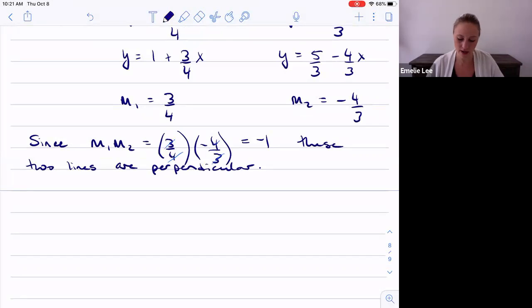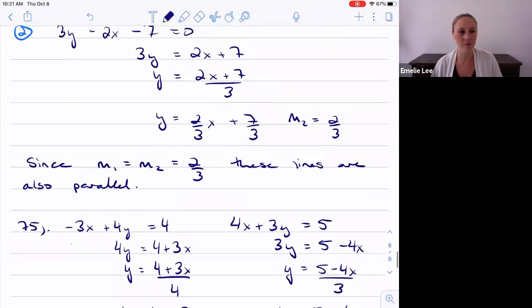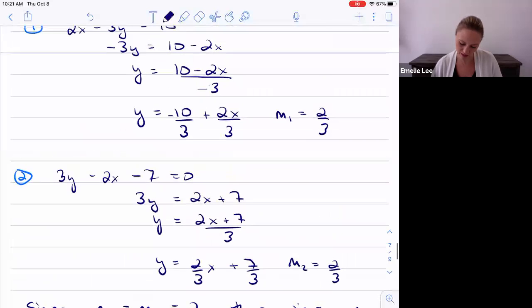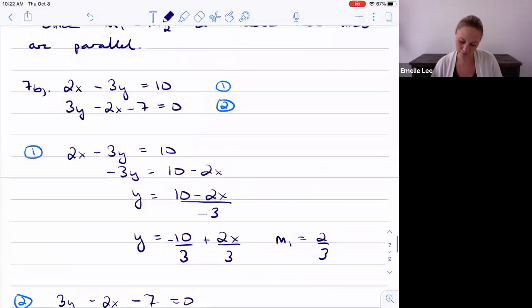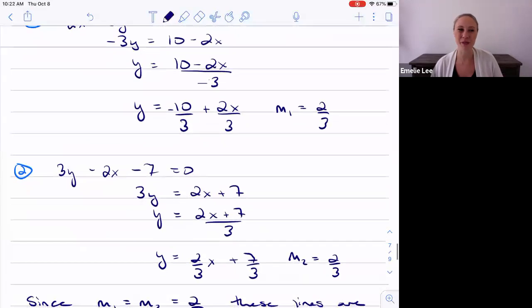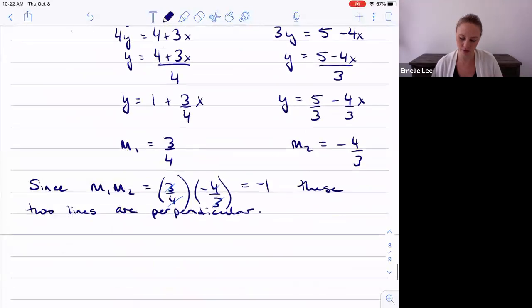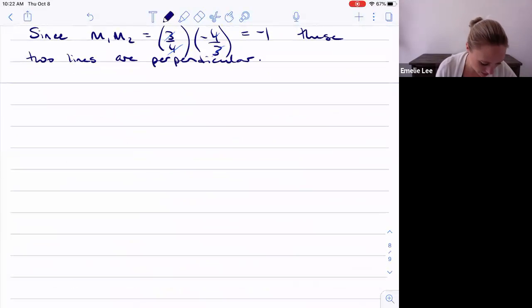Another thing that might be useful is if I asked you, okay, let's use one of these lines here. Let's find a line that is perpendicular to, or the slope of a line that's perpendicular to some point or some other line. Example, I'll use one of these lines.